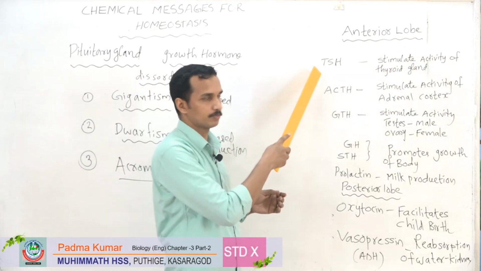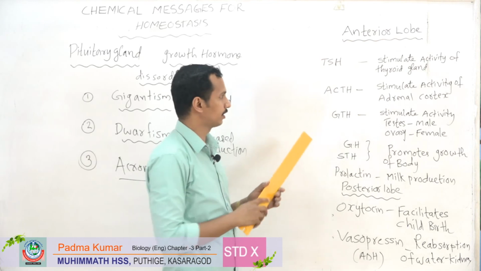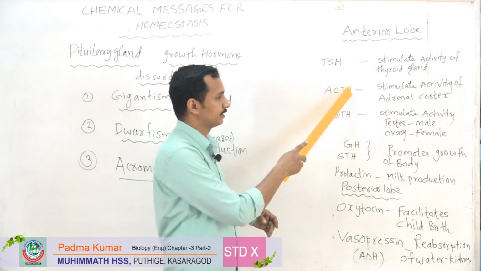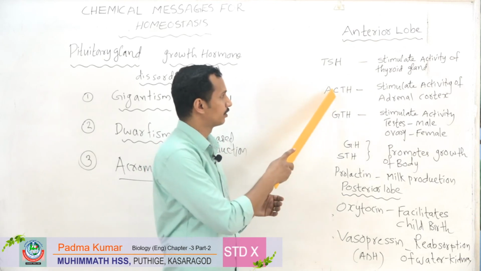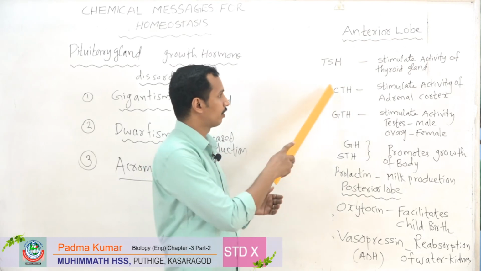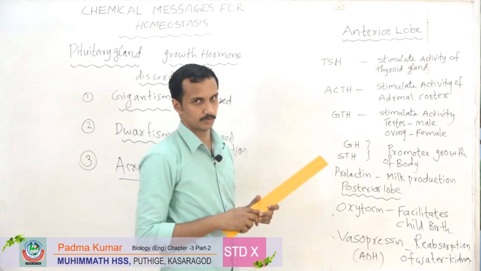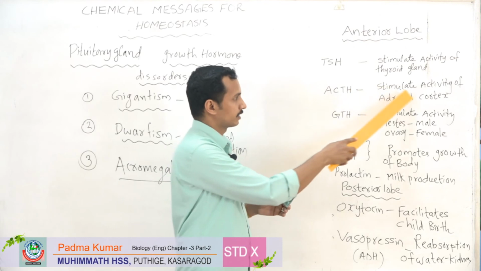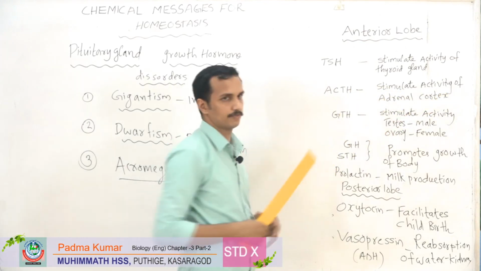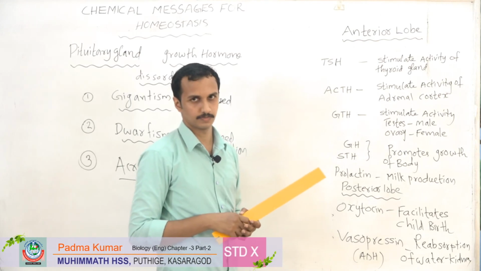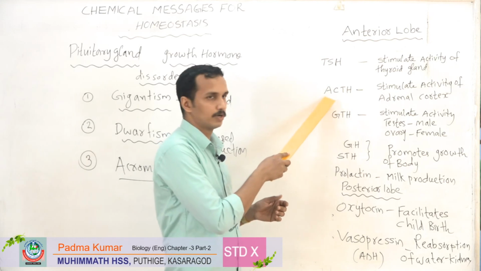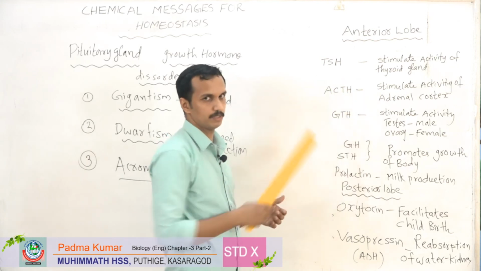Then there is another hormone called ACTH, that is adrenocorticotropic hormone. What are the functions performed by ACTH? It stimulates the activity of the adrenal cortex. It is associated with the adrenal gland.